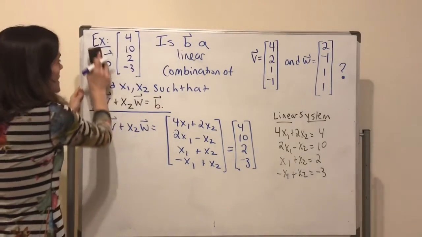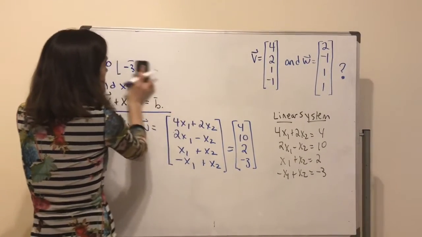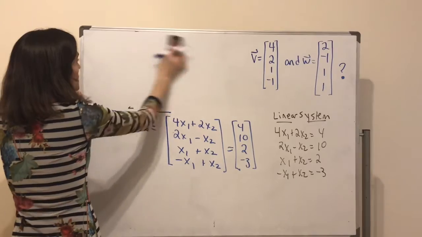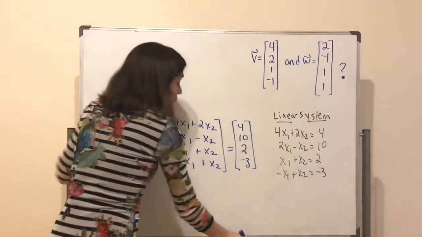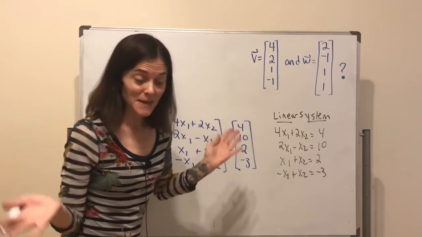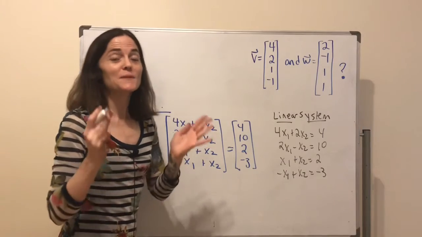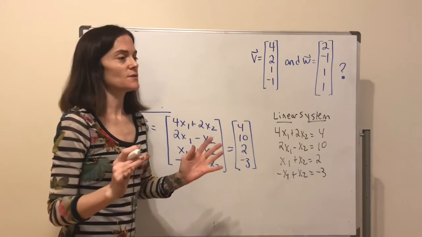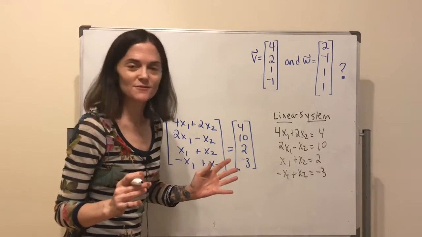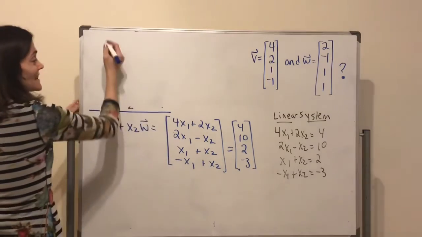Okay, so let me erase some. How do we solve a linear system? Well, what we know so far: we write its corresponding augmented matrix, and we perform elementary row operations to transform it into reduced row echelon form. Okay, let's do this.